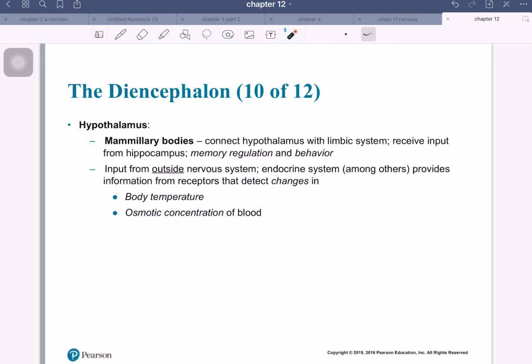And this connects the hypothalamus to the limbic system. So you receive input from the hippocampus, memory, regulation, behavior. Input from outside the nervous system: the endocrine system also provides information from any of its detectors or receptors out there that will detect changes like body temperature or changes in osmolarity of the blood and things like that.